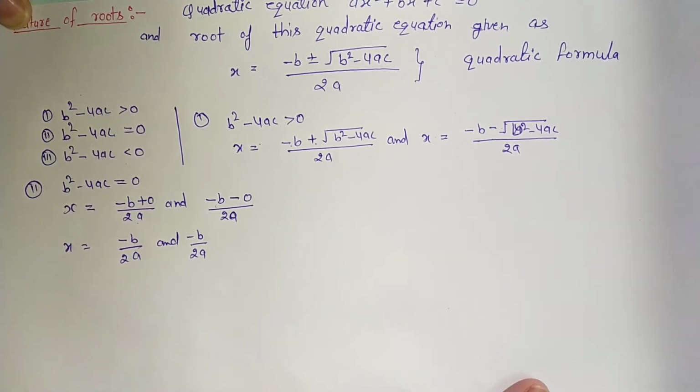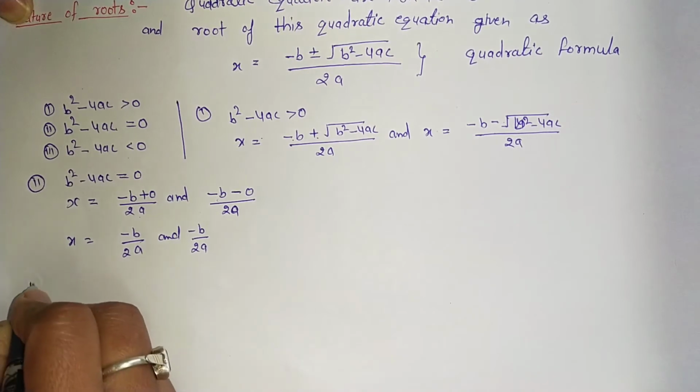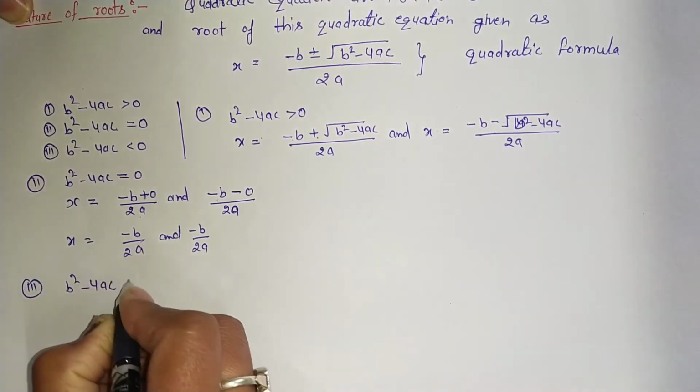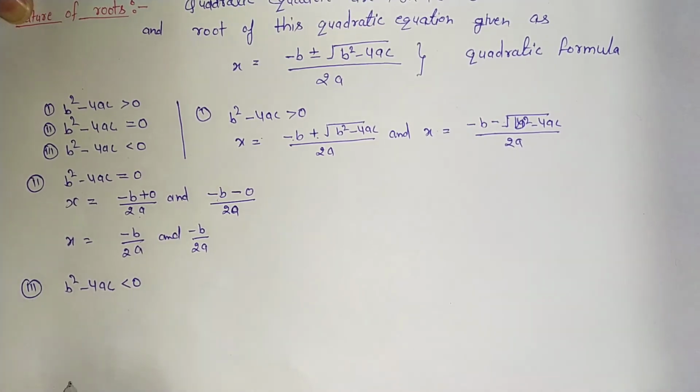Now we take the third case. The third case is b squared minus 4ac is less than 0. If b squared minus 4ac is less than 0, then there is no real number whose square is b square minus 4ac.